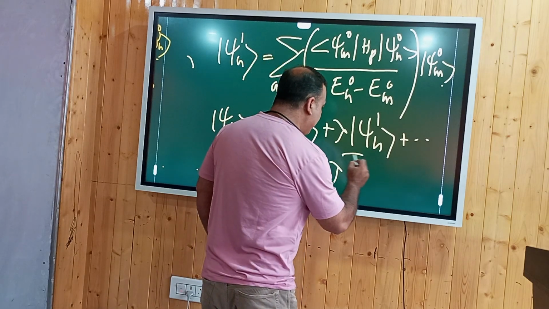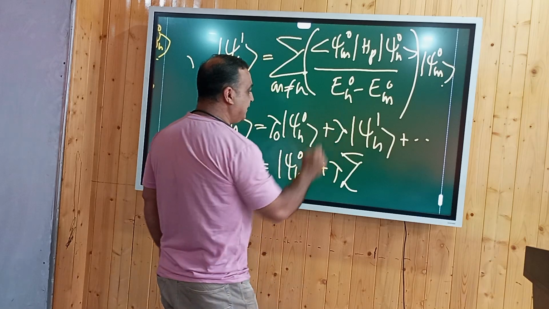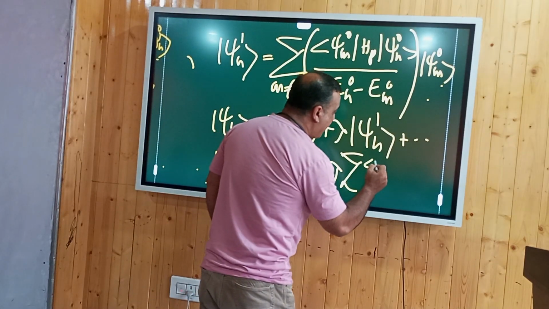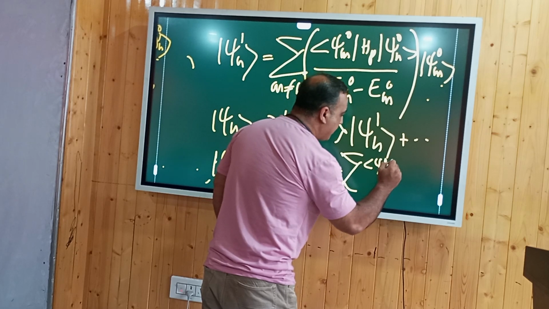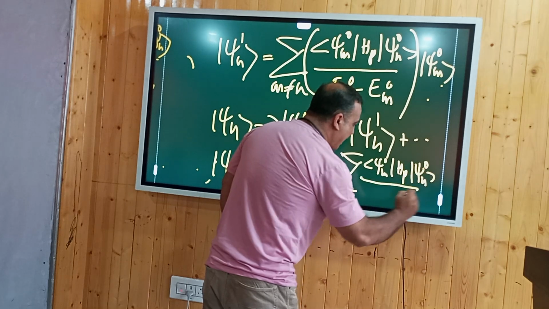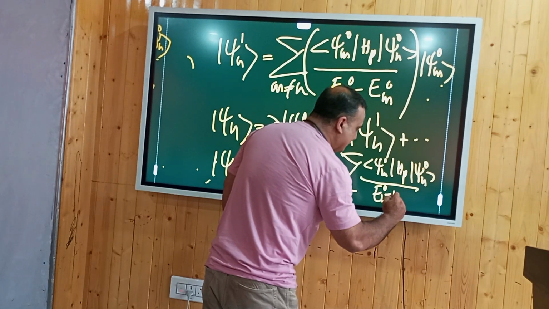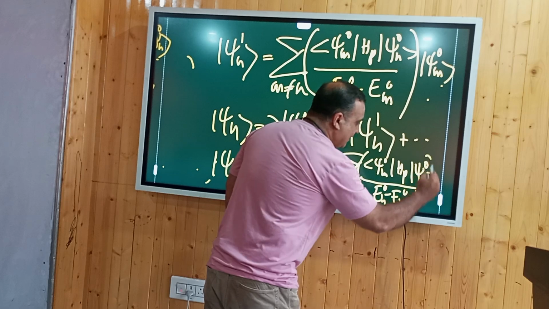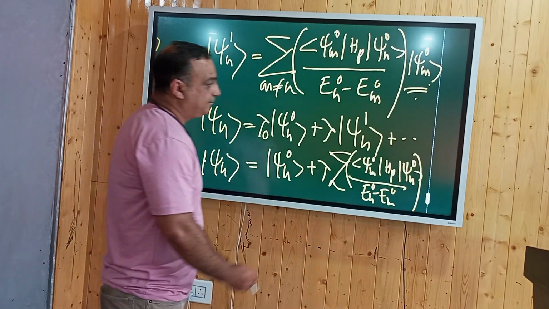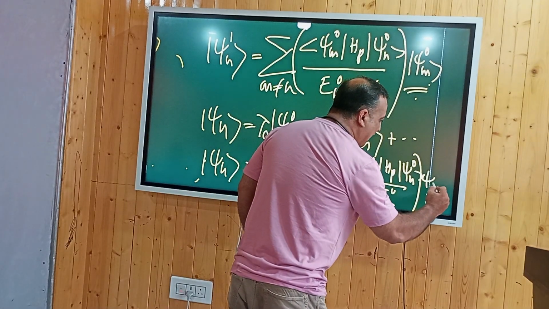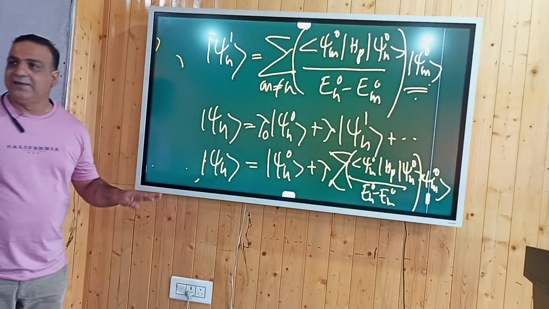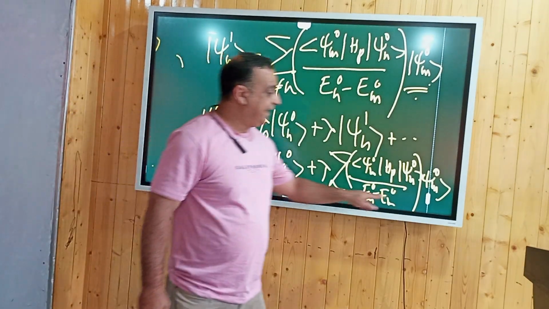And what is ψ_n^1? This whole thing is your ψ_n^1. It is the sum of <ψ_m^0|H_P|ψ_n^0> divided by E_n^0 minus E_m^0, multiplied by the ket of ψ_m^0. So this equation gives us the first order correction to the energy eigenvector.